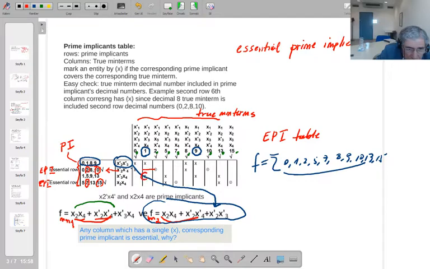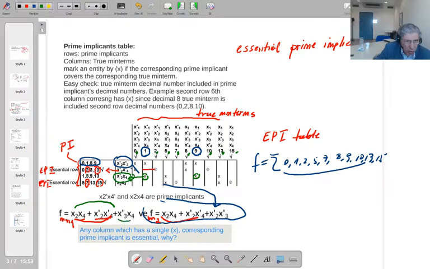Here you are, I said green, but it didn't become green. So, okay. This 1 and this 9 are included in this prime implicant. So that means if I consider this prime implicant instead of this blue one, I can make another minimal function.